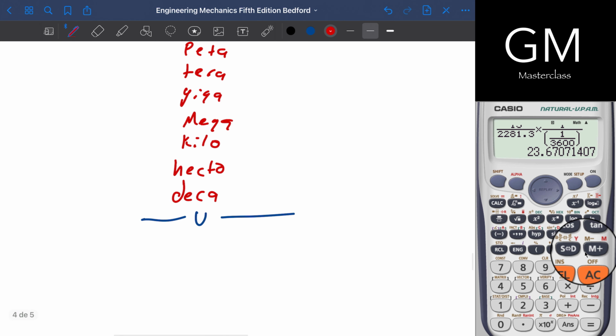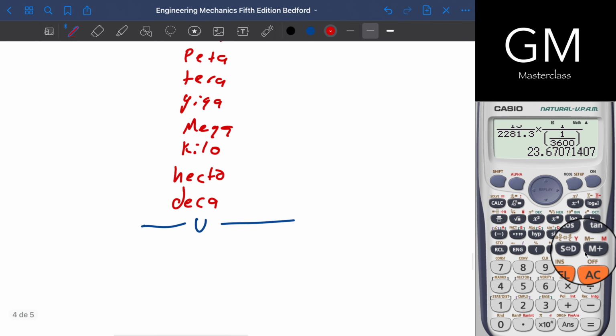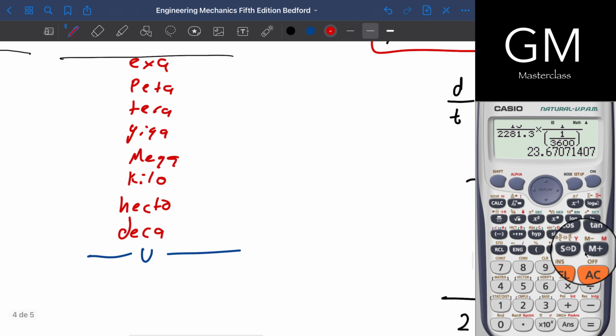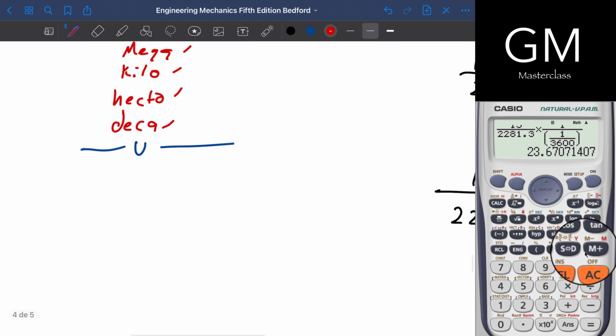If you don't have the information available for you, then you have to memorize it. That is the only way. So deca, hecto, kilo, mega, giga, tera, peta, hexa. 8 of them.